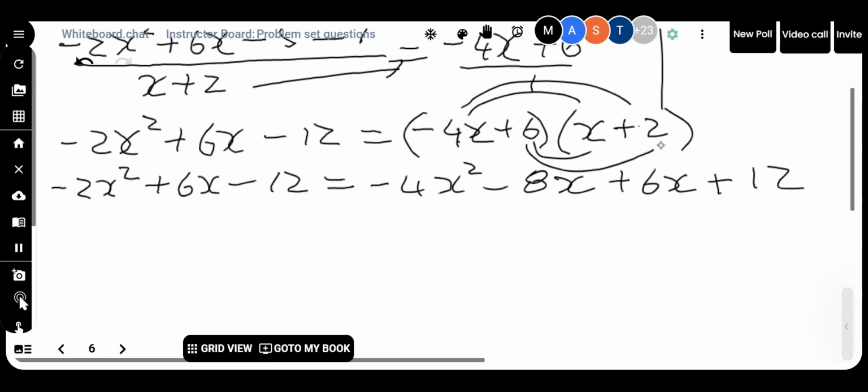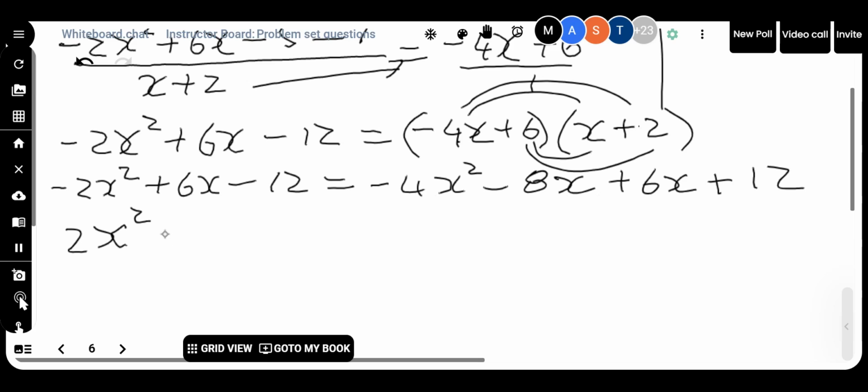So now I'm just multiplying this out. And obviously what I'm looking at here is a quadratic, and I'm trying to solve for x. I'm going to bring everything over onto one side. I'm going to bring that minus 4x squared over to the left. So that's going to be positive 2x squared, the minus 2x squared plus the 4x squared. I have a minus 8x and a plus 6x, so that's minus 2.